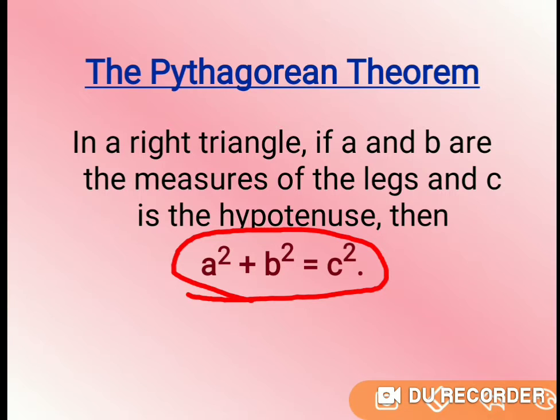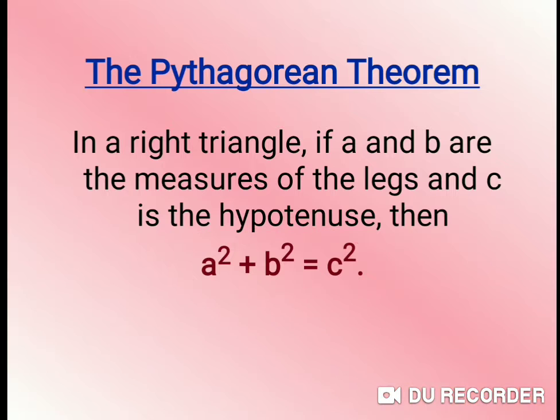What we're saying here in mathematical form is the square of the hypotenuse. This is C square, which is the square of the hypotenuse. So according to Pythagoras theorem, the square of the hypotenuse is equal to the sum of the squares of the remaining two sides, or perpendicular sides.